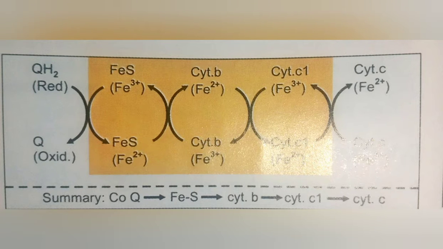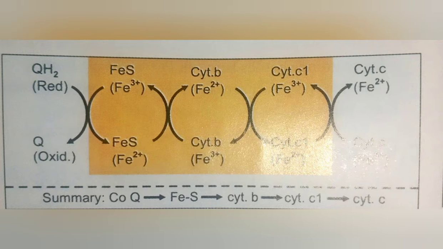Now let's move on to the another complex, that is complex 3 or cytochrome reductase. Now this is not a simple complex, okay? This is a cluster of iron sulfur proteins, cytochrome B and cytochrome C1. Both contain heme prosthetic group.